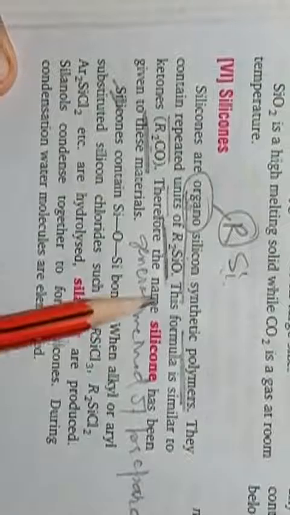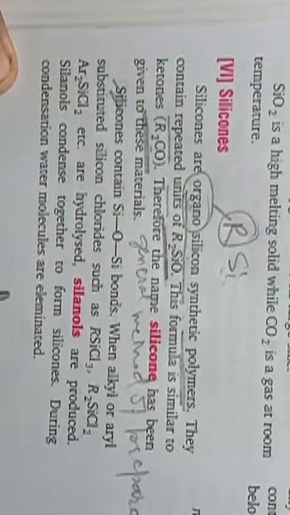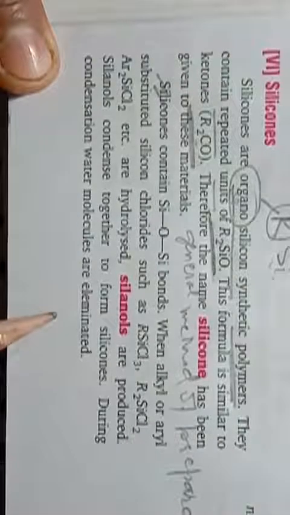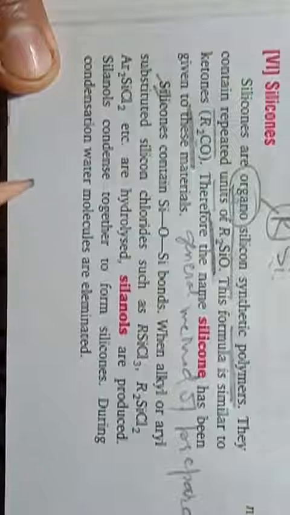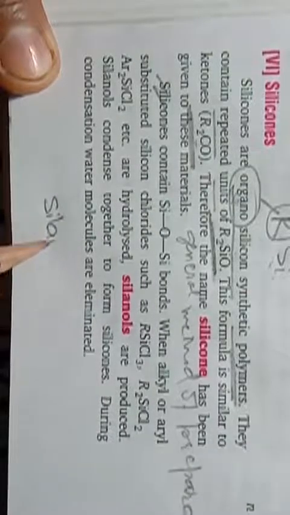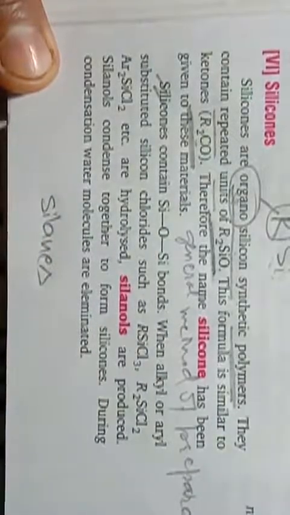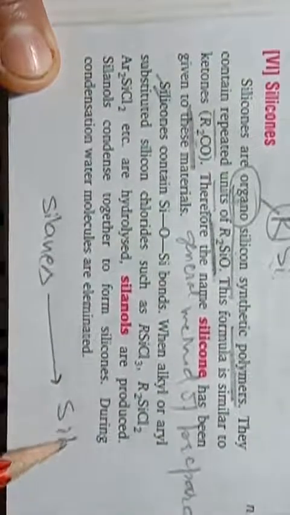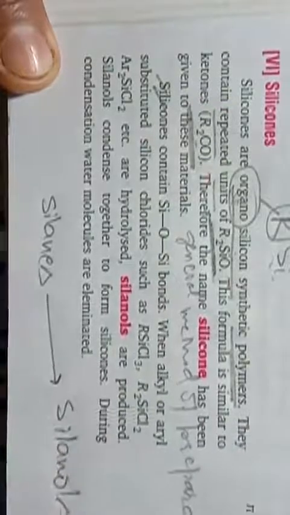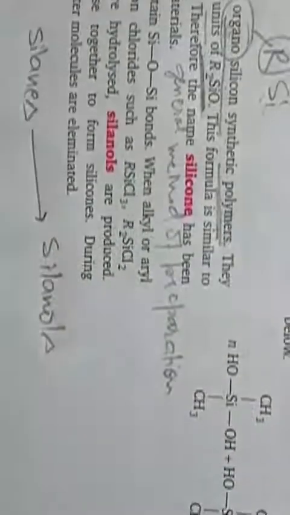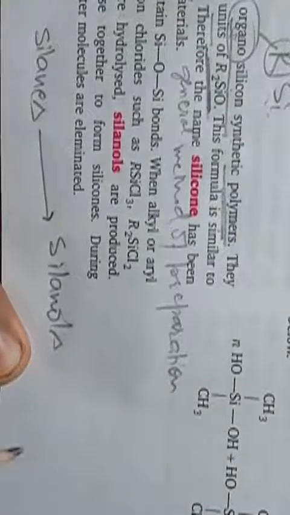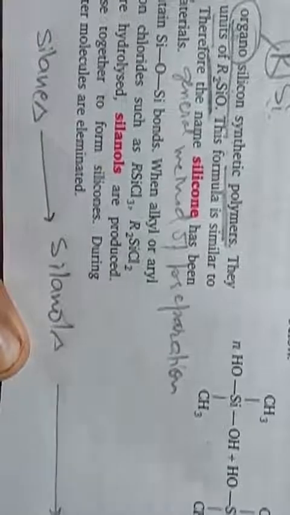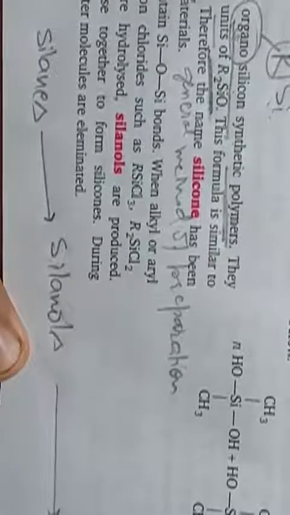How are silicones formed? For the formation of silicones, first we form silanes. Silanes are converted into silanols, and these silanols are converted into silicones.